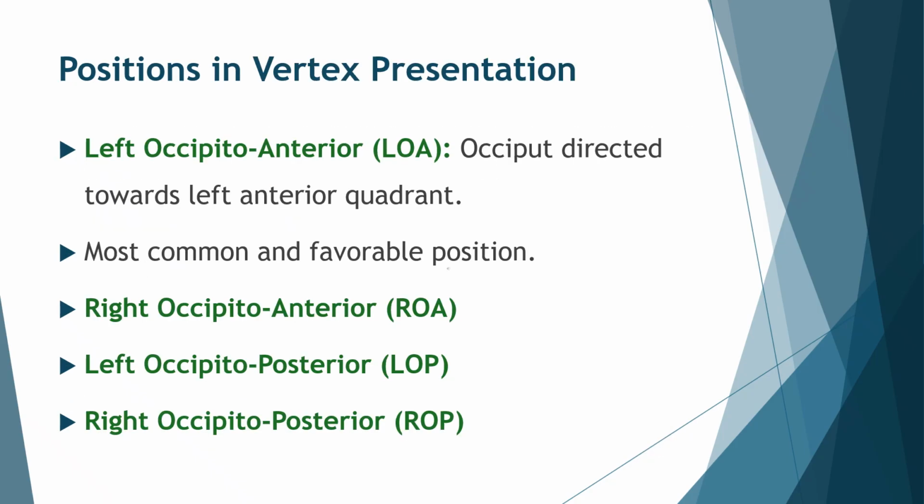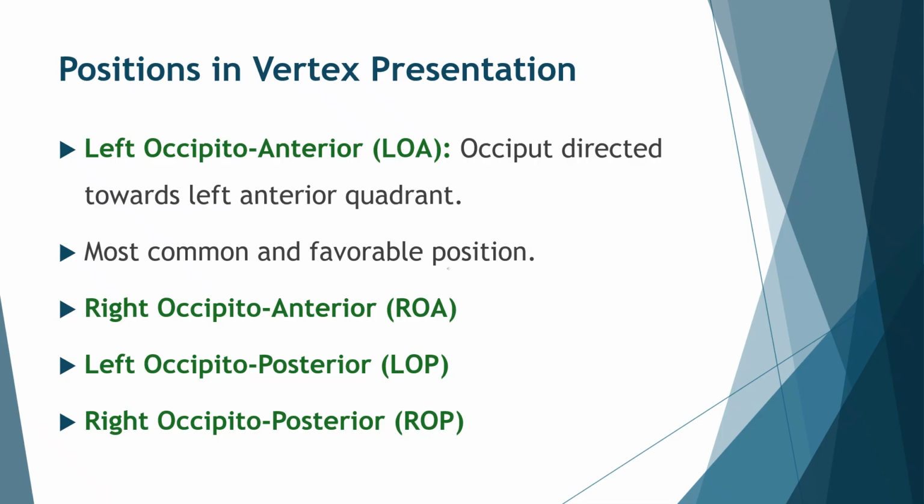Dear students, in vertex presentation, the denominator is the occiput. Based on the direction of the occiput in the maternal pelvis, we identify 4 positions: LOA, ROA, LOP, and ROP. LOA, left occipito-anterior, is when the occiput faces the left anterior quadrant. It is the most common and most favorable position for normal delivery.